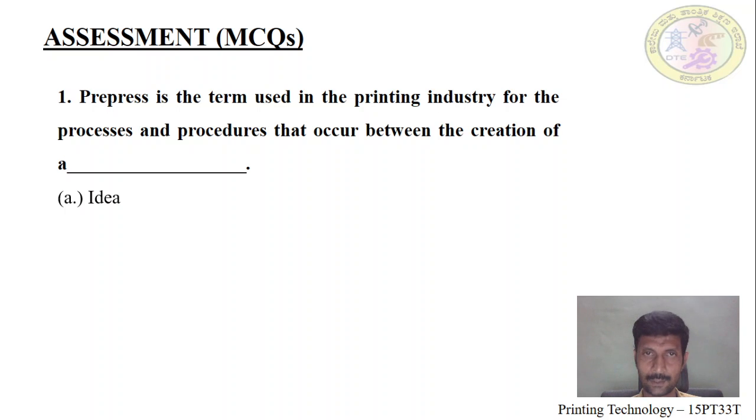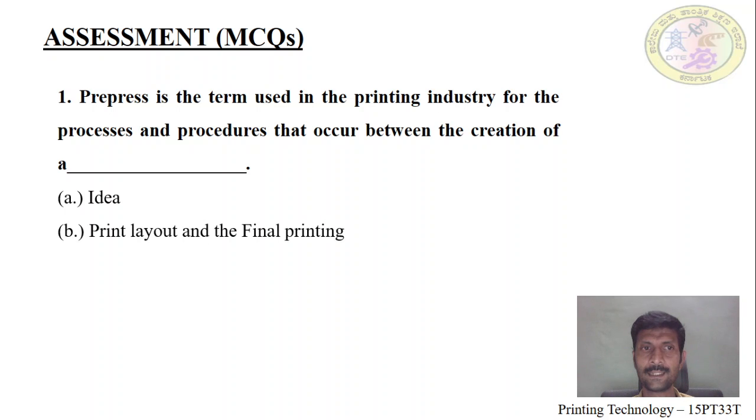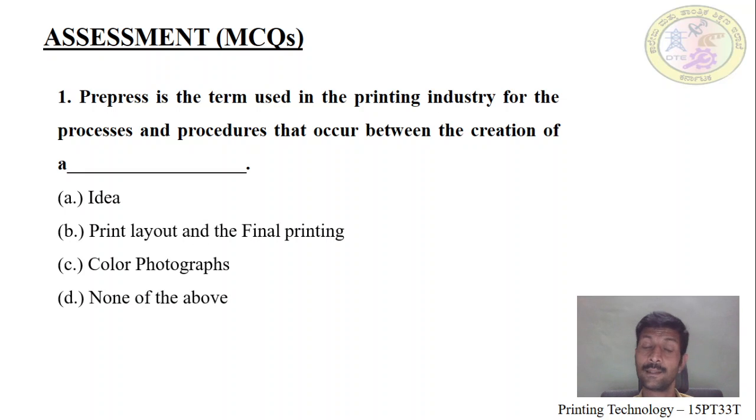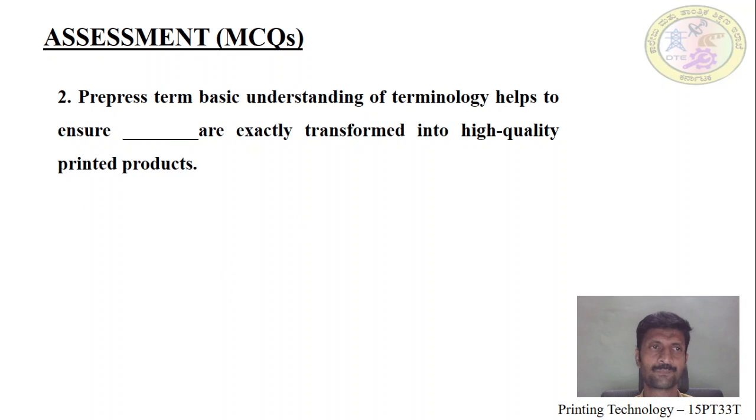Options: your mind idea, print layout and the final printing, color photographs, or none of the above. Students, think before you answer it. Carefully study the study material as well as the PPT.